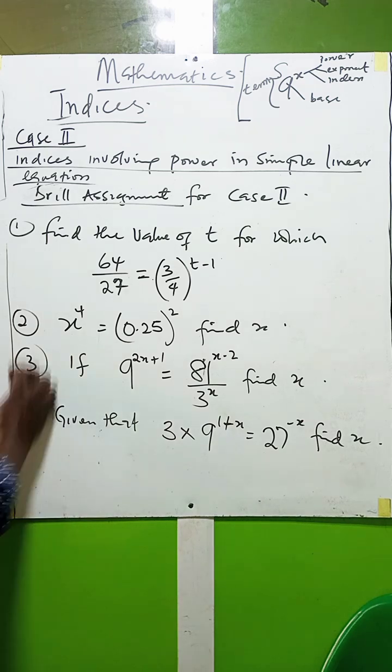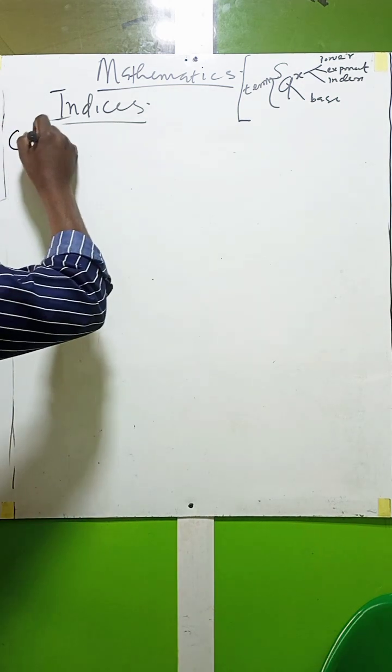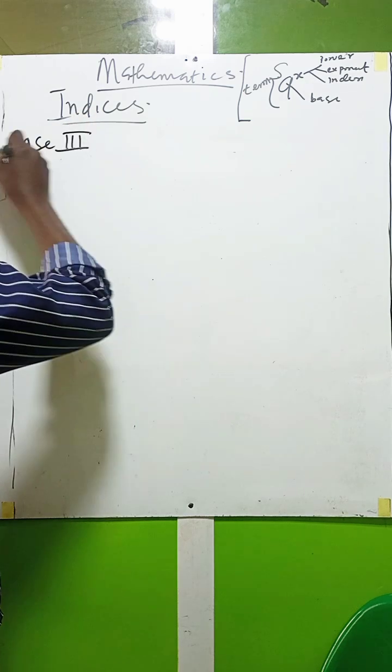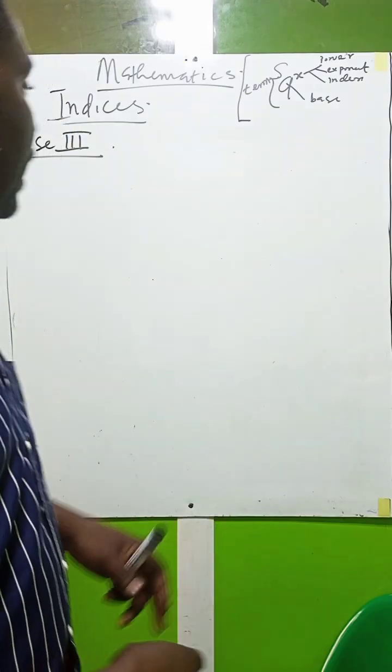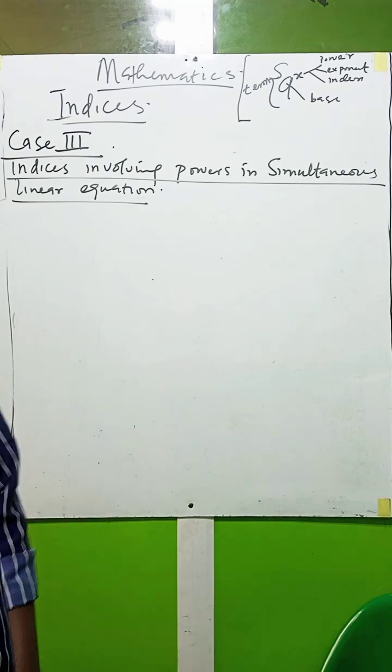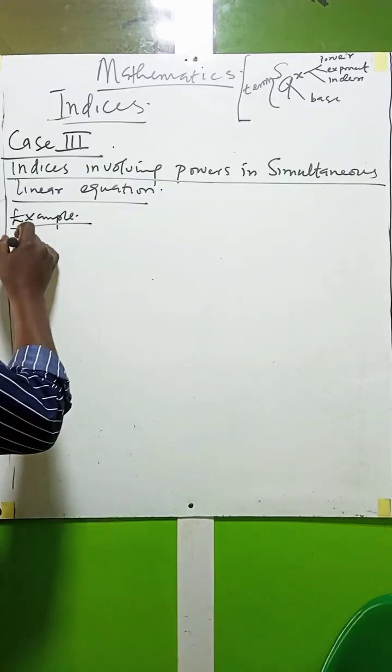Now let's quickly see case 3. Case 3: indices involving power in simultaneous linear equations. Let's see examples. 1.